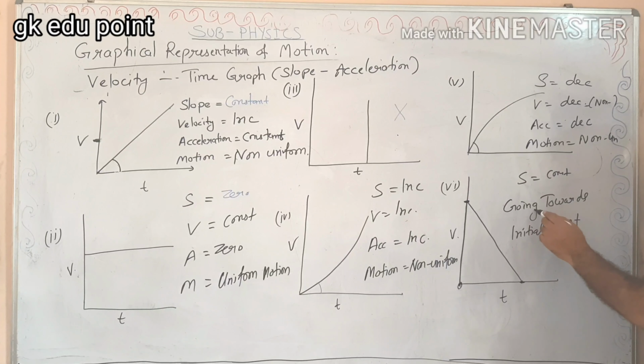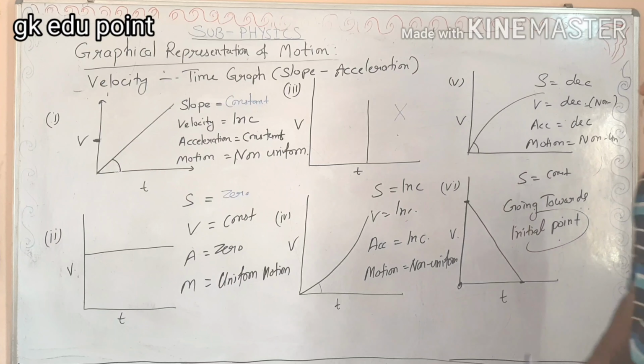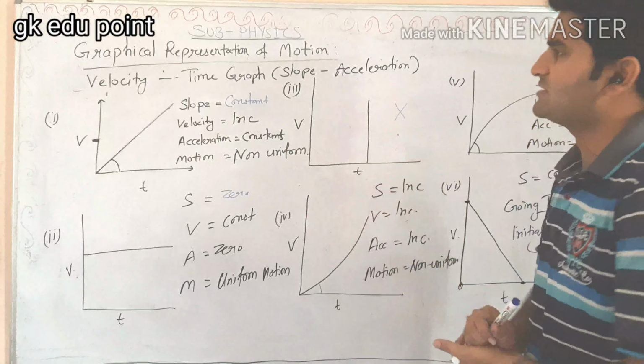It means the particle is again going towards its initial point. It means velocity is going to be 0 after time t. We can justify this result from this graph. So these are some velocity-time graphs, and these are very important to understand the graphical representation of motion.